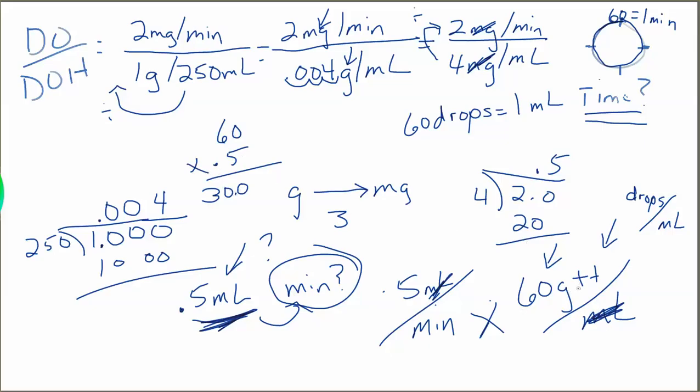So the only thing you're left with is drops per minute. So your answer is 30 drops per minute. Pretty easy. Let's try another one here.